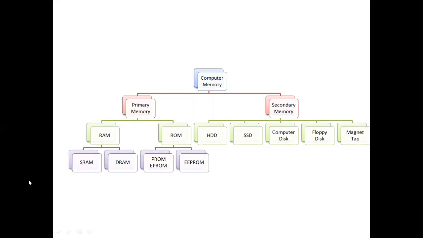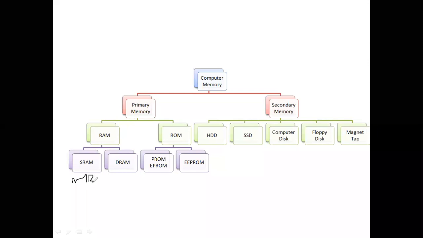And moving on to SRAM, static random access memory. Static random access memory is basically faster compared to DRAM. It is comparatively faster and very expensive, and it is usually represented in MB, but DRAM is represented in GB.